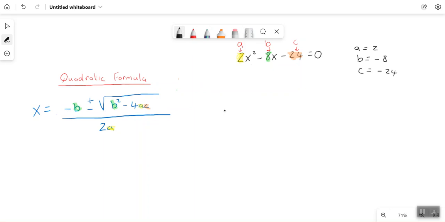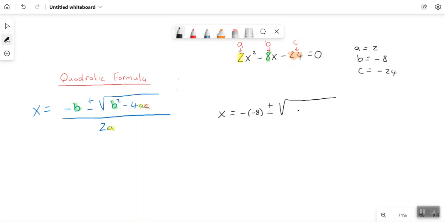So x is equal to minus b, so we put in the value for b, which is minus 8. You put it in like that, so make sure you have the brackets, plus or minus the square root of b squared.